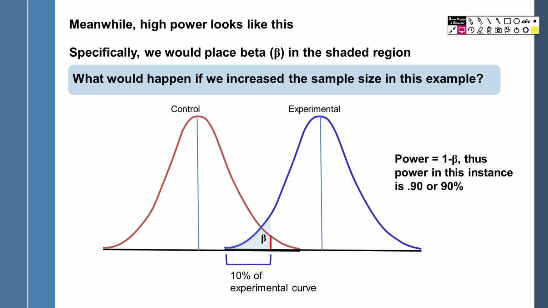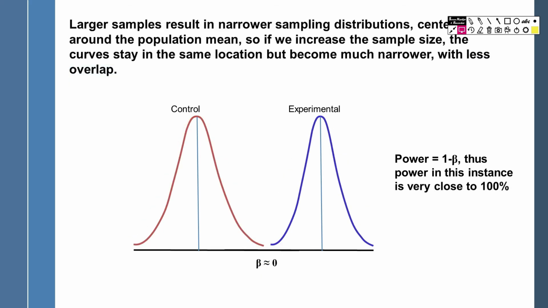What would happen if we increase the sample size in this current example? When you increase the sample size, the distribution of the sampling range gets narrower. So the theoretical sampling distribution with a larger sample size gets narrower and narrower, and when you have a very, very large effect with a large sample, you're going to have very little overlap, if any, and beta will be approximately 0.